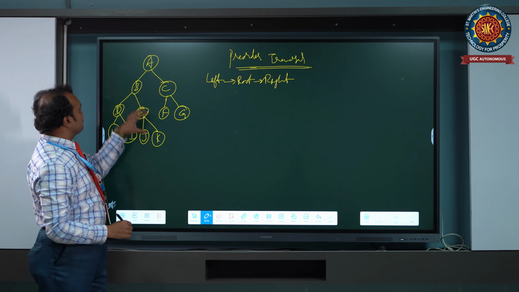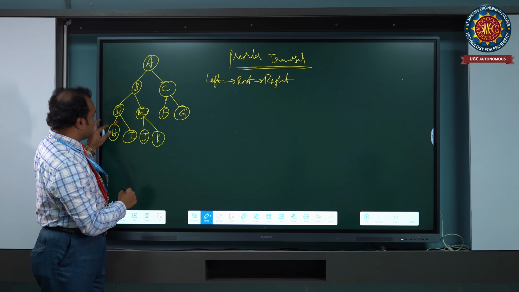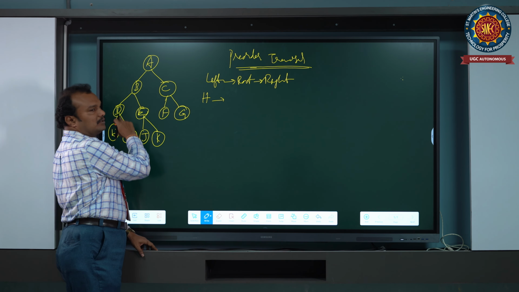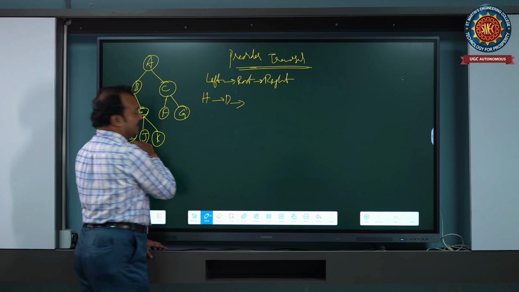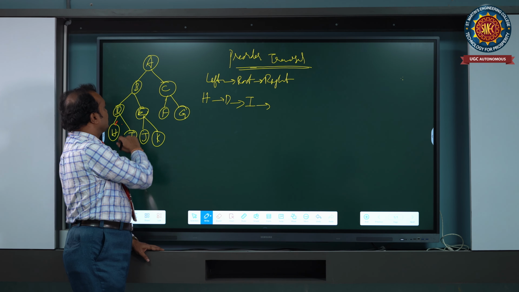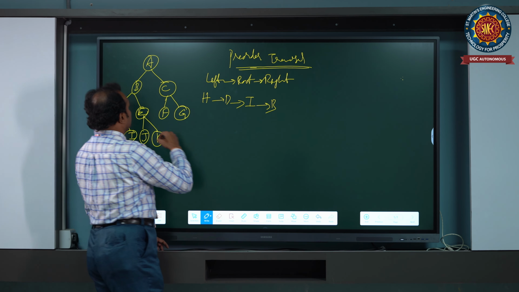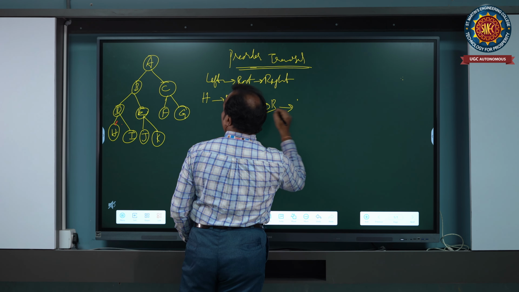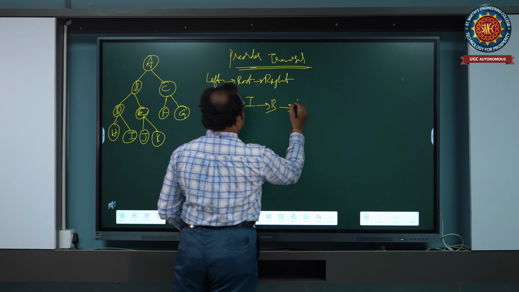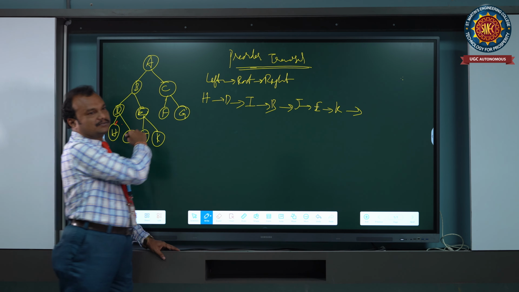So now coming to the left sub branch, again the leftmost child will be H. So after that the root node will be D. So the right child to the D will be I. Then now all left nodes are over. Then coming to the root node B. Next followed by all right nodes. In the right nodes again left node, that is J. So after that root node will be E. So K.